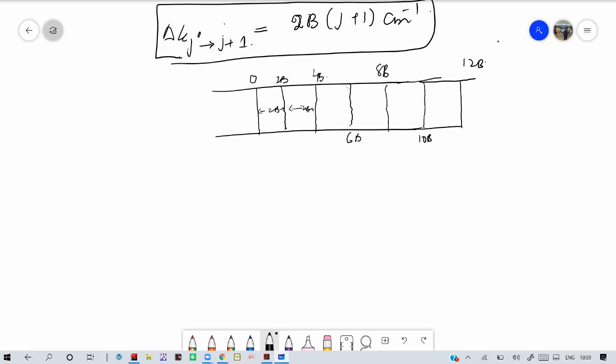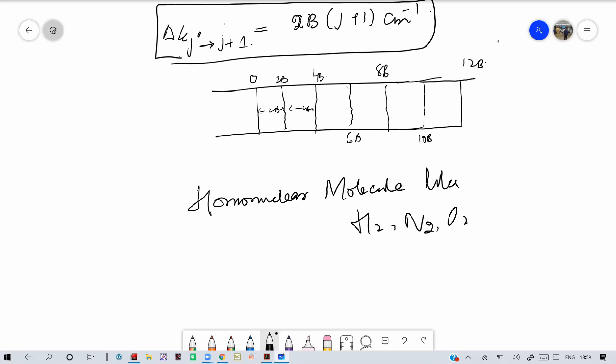For example, any homonuclear molecule, like hydrogen etc., will not show any rotational spectra.